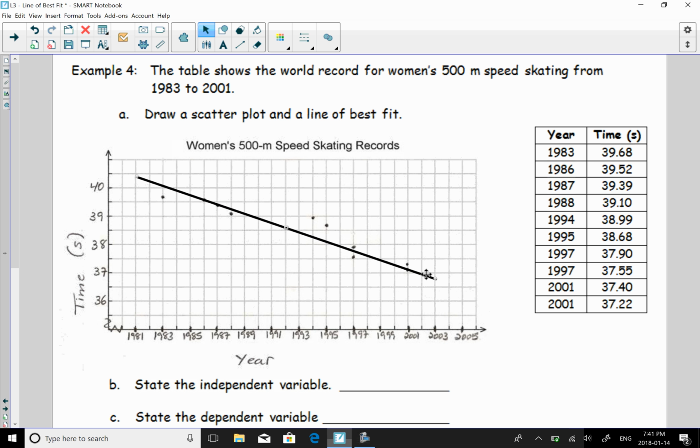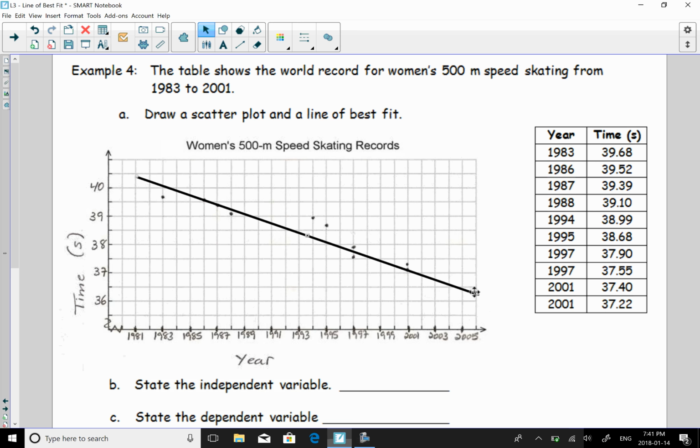Okay, so it doesn't have to be exact. So I have one point really close, a couple, and then 4 above and 3 below. So that's pretty good. I'm going to extend my line, so I can make predictions.